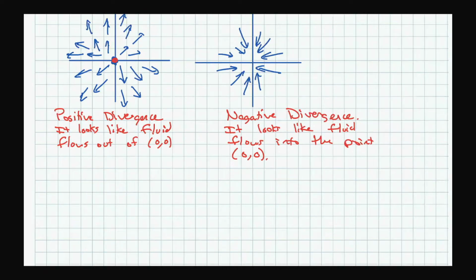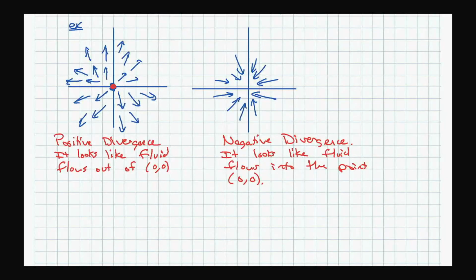Okay. So that's what we're talking about when we're talking about divergence. And so there would be vector fields that had zero divergence as well. That would be if the flow is just not creating fluid or getting rid of fluid.